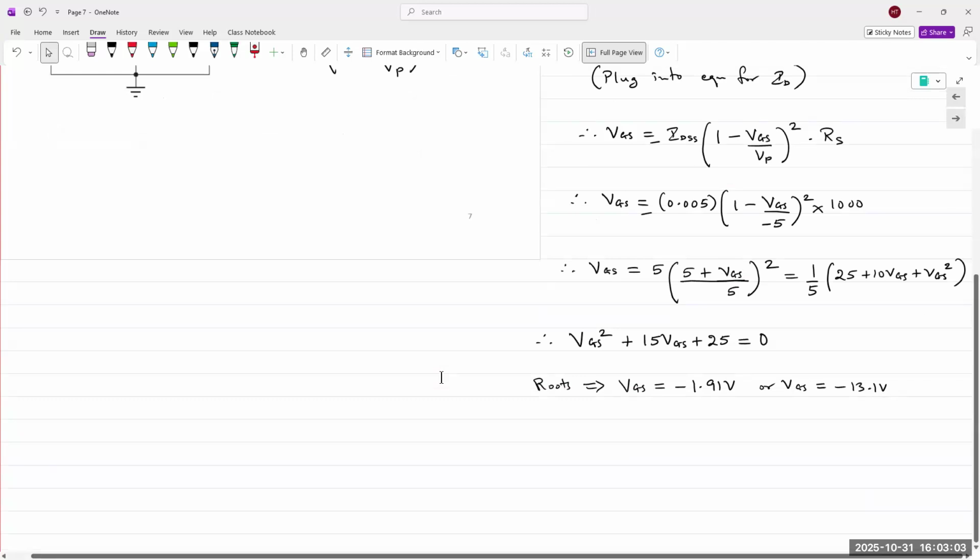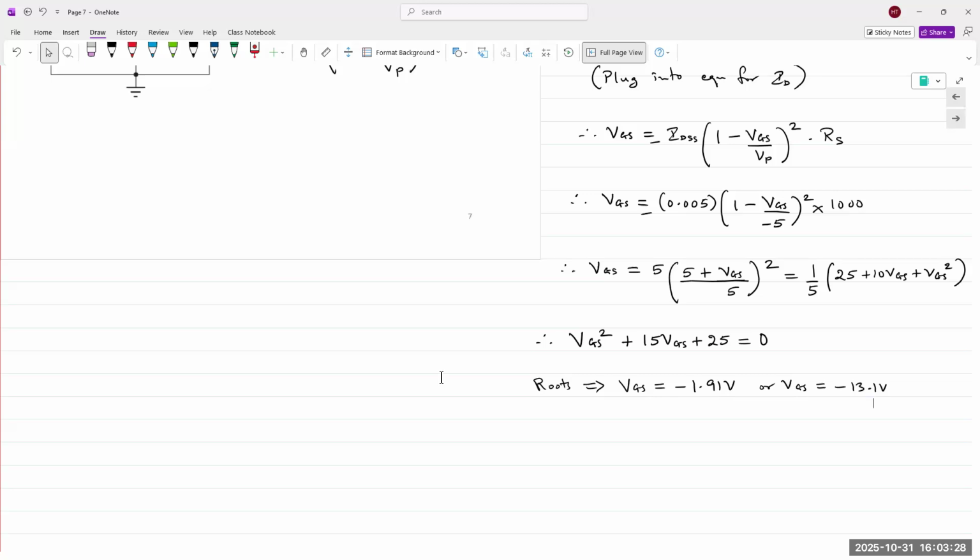Okay. So what do you think is the right answer? Is it 13.1 or is it 1.91? VP is given as 5, so it can't be 13.1. If it was 13.1, it would simply be pinched off.